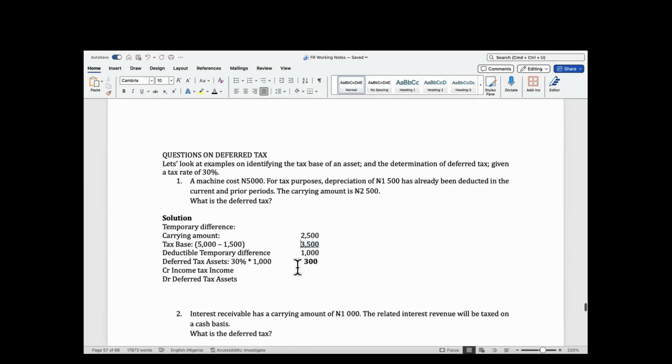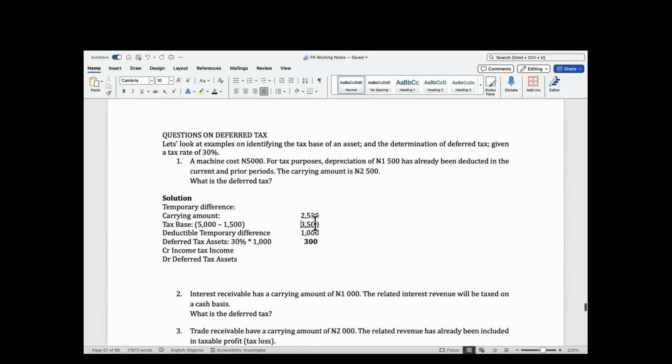So for assets, you would then be able to identify that the taxman is ready to give me more than what I want to charge, which is 2.5, by 1,000. So the taxman is going to give me more deductions.